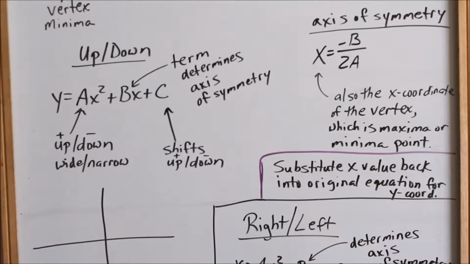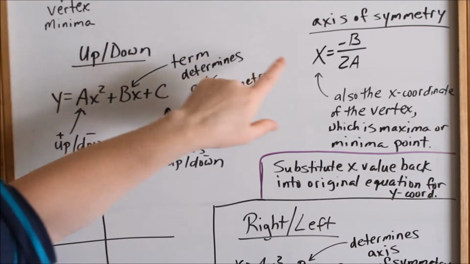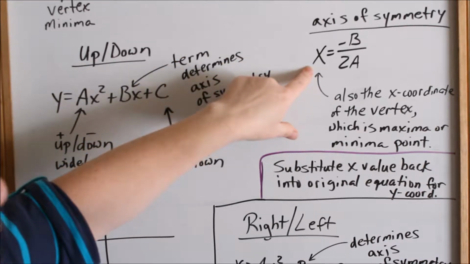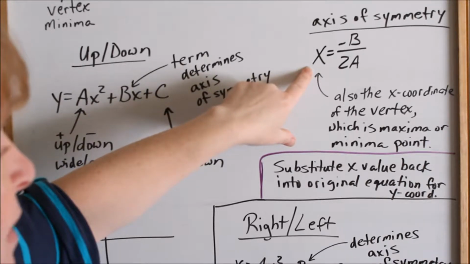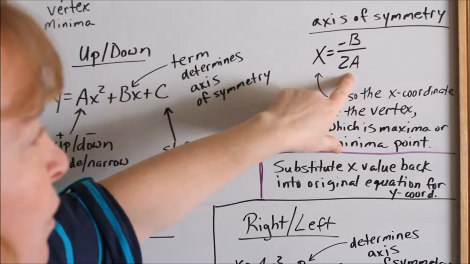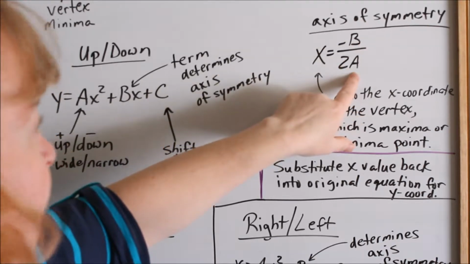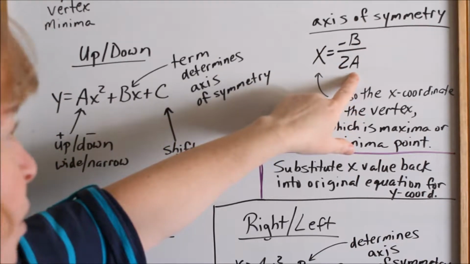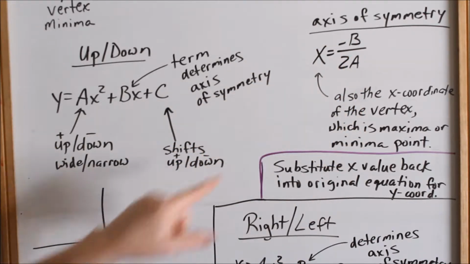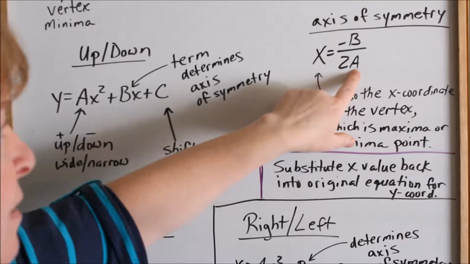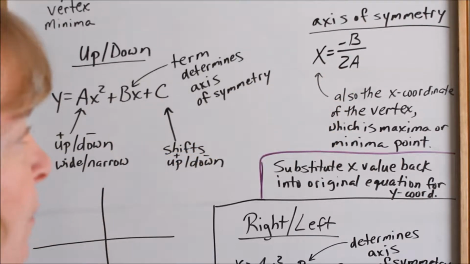So how do you find the new axis of symmetry? Well, there is a formula that you use for the axis of symmetry. You use this formula of x equals negative b over 2a. B and a are the coefficients in front of those terms. B is the coefficient in front of your x term. A is the coefficient in front of your x squared term.